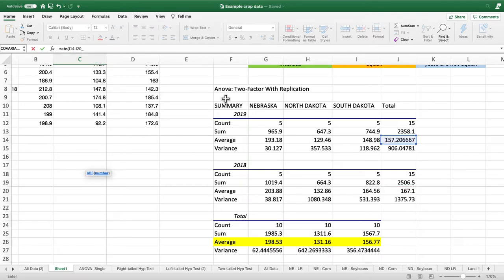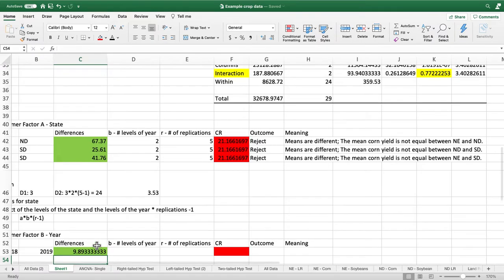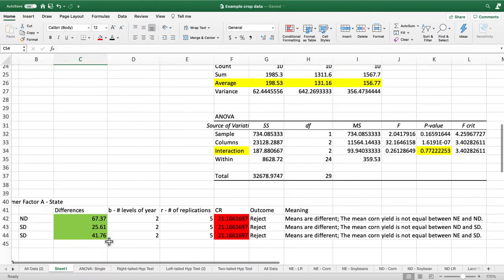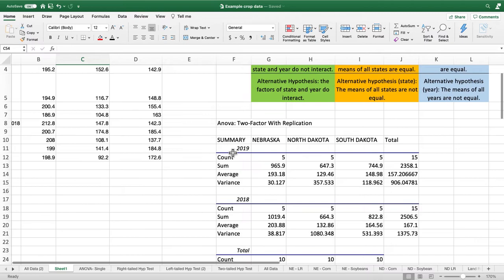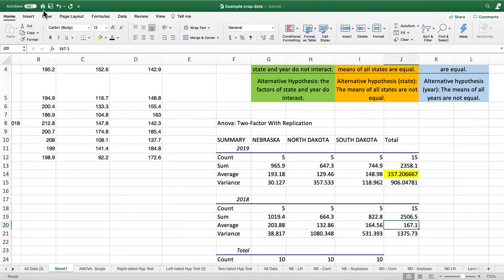So here it would be J14 minus J20, and we get our mean of our difference of 9.89. Again, you got that from looking at the summary for 2018, 2019, looking at those average values there.